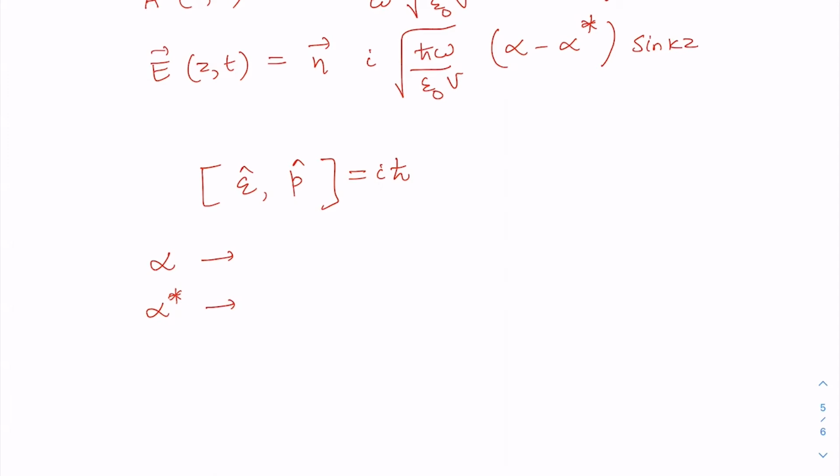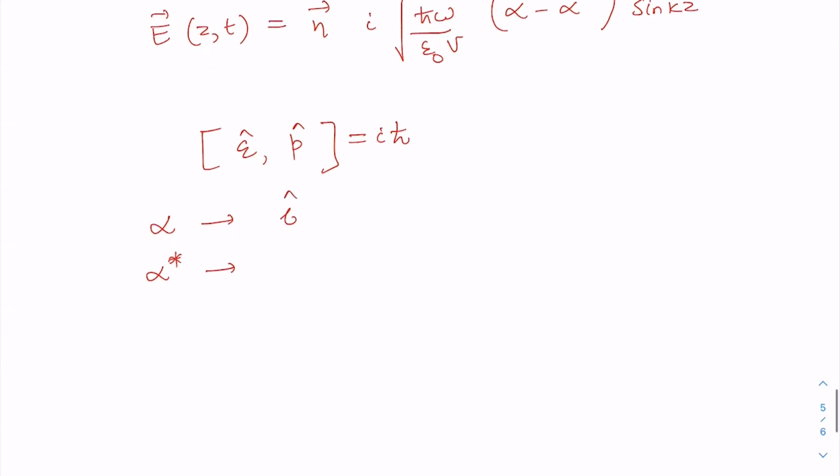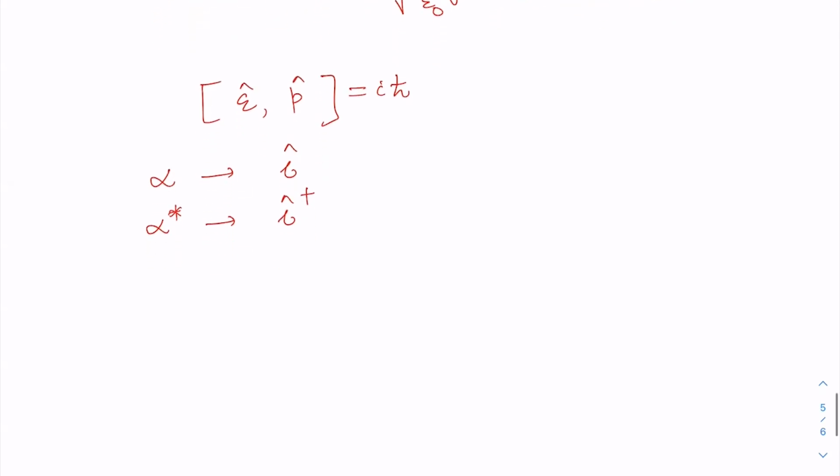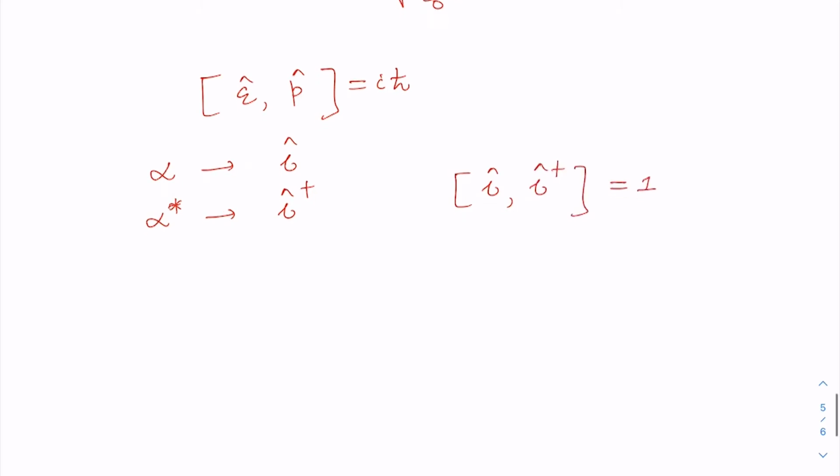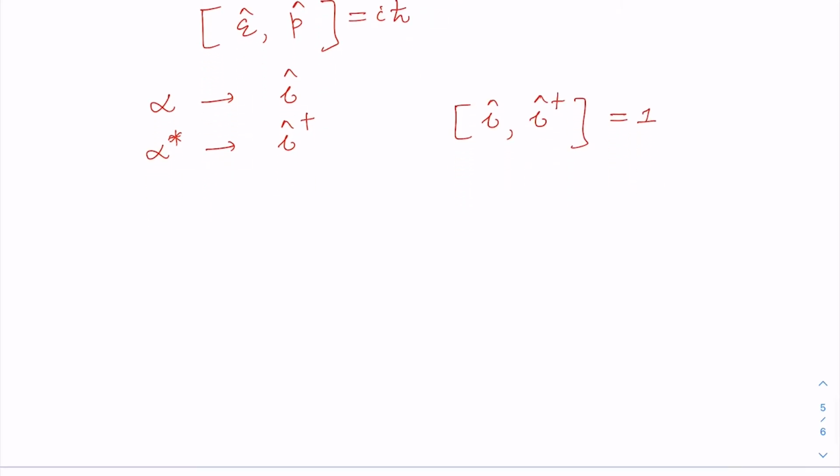So alpha is represented by the annihilation operator b, and alpha star by the creation operator b dagger, such that the commutation relation of b and b dagger, you can verify, is equal to 1.